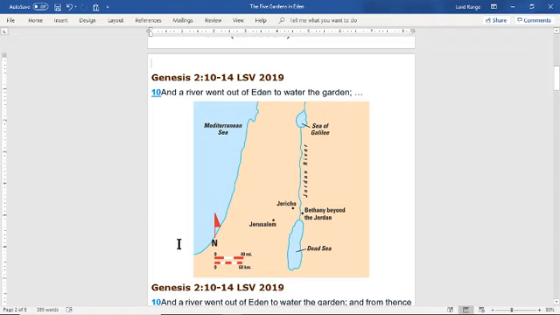And it says he took the man eastward of Eden and he placed him in a garden. Now this garden that is within Eden, called the Garden of Eden, was first located somewhere around this Jordan River. We don't know how wide or how long. The scriptures don't give us that much information. We just know it was located around the Jordan.